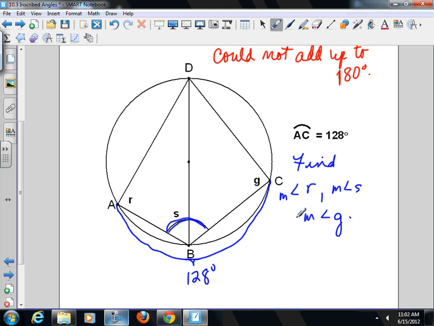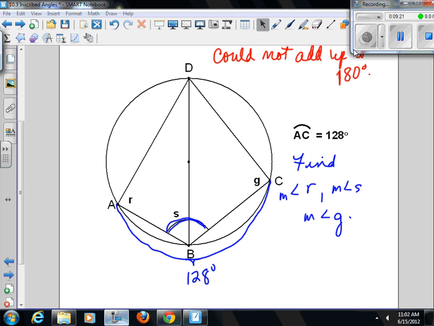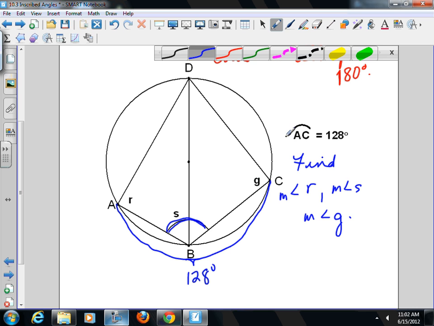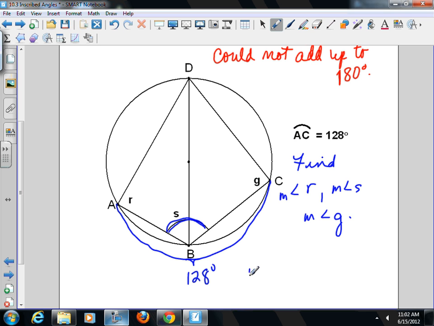All right, so first thing, if we know that the measure of that arc is 128 degrees, we will find the measure of that major arc, ADC, by taking 360 minus 128, because remember, it's 360 degrees all around the circle.